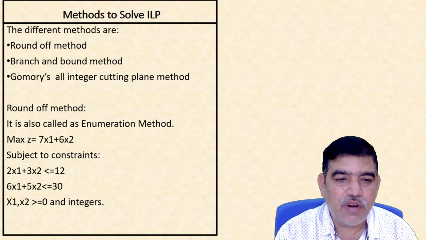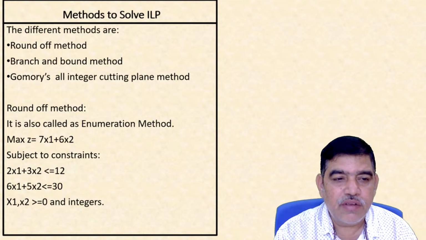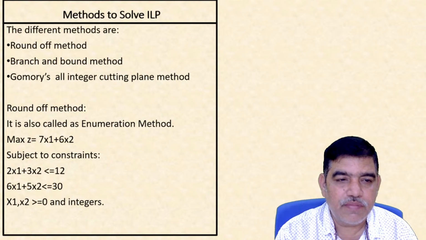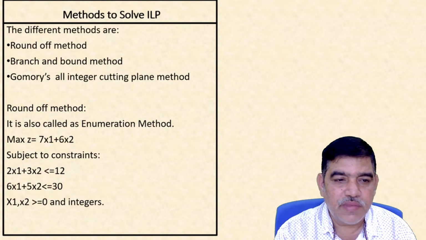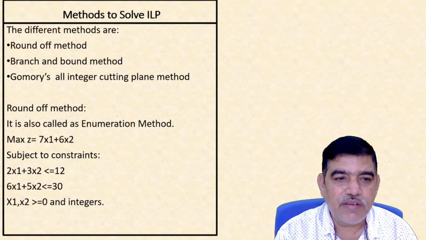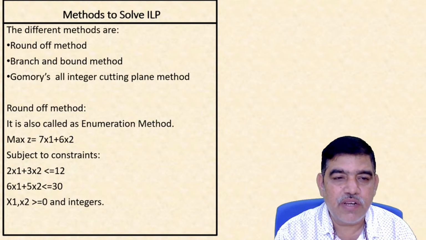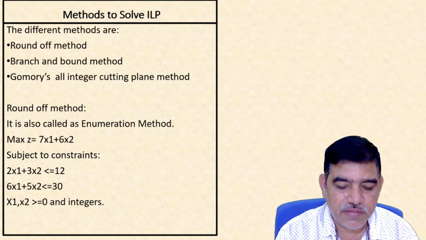We also learned how to formulate the integer linear programming problem, as per whether it is pure, mixed or 0-1, because there are 3 categories of integer linear programming. This integer linear programming is used in different organizations, particularly in manufacturing organizations, for example product mix.